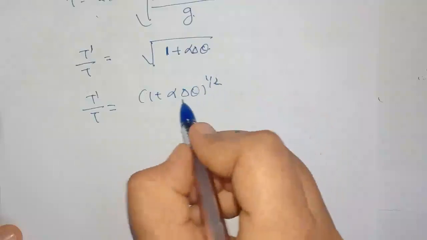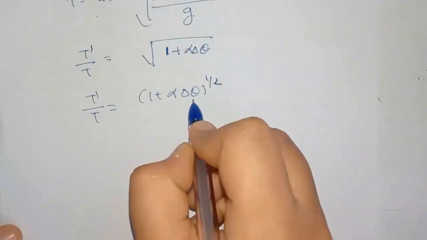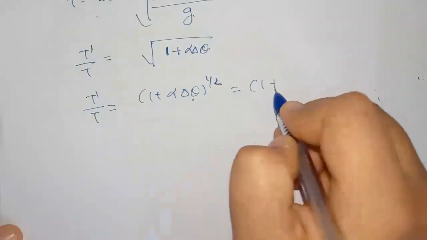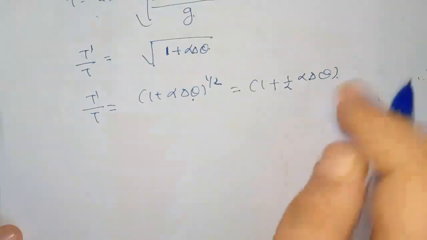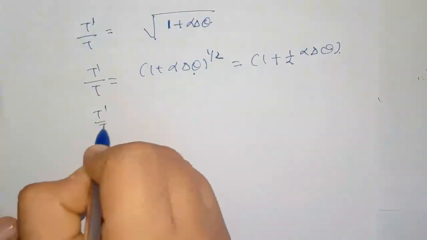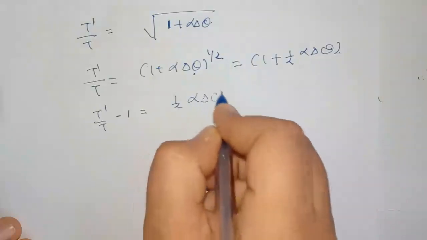For small temperature changes, we can use binomial expansion. So, it can be written as 1 plus 1 by 2 alpha delta theta. So, T dash by T minus 1 is equal to half alpha delta theta.